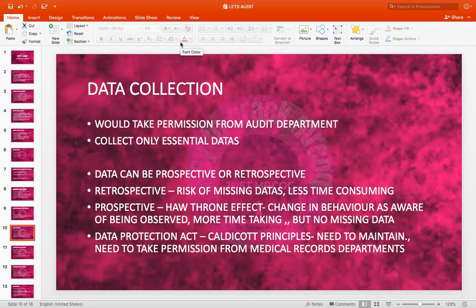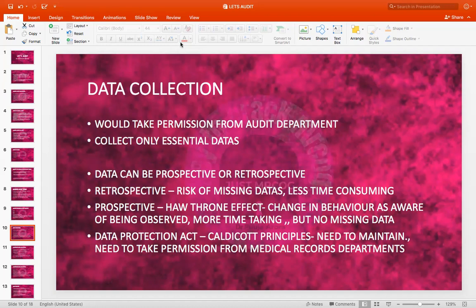First, we would take permission from the audit department to collect the data, because the audit department is the very first department who is going to give you permission that you can do an audit. It's not like you just go there and say that you want to do an audit and they'll give you permission.